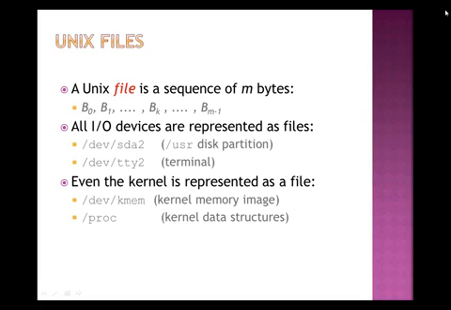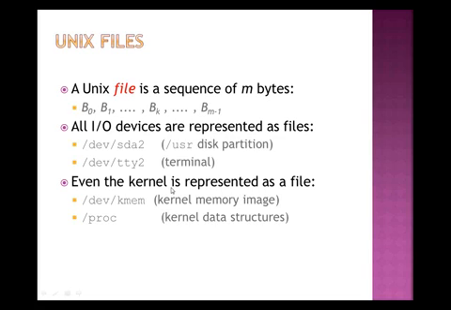For example, /dev/sda2 is a user disk partition, and /dev/tty2 is your terminal. So every input output device in the Unix system is represented by a file. Even the files, even the folders, everything is treated as a file in Unix.